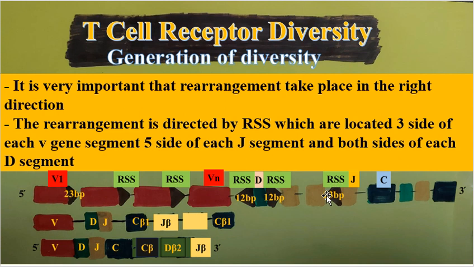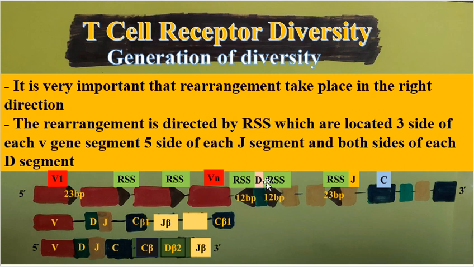This is the beta gene segments, the gene segments that encode the beta chain. However, they flank the diversity segment, I mean the recombination signal sequences.